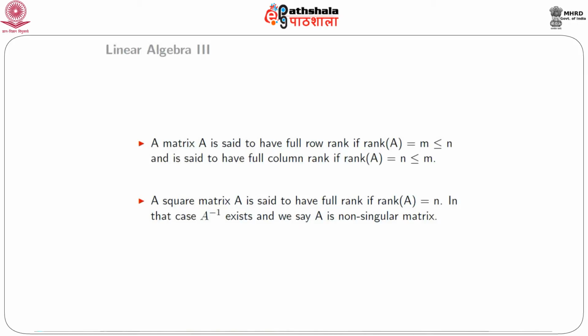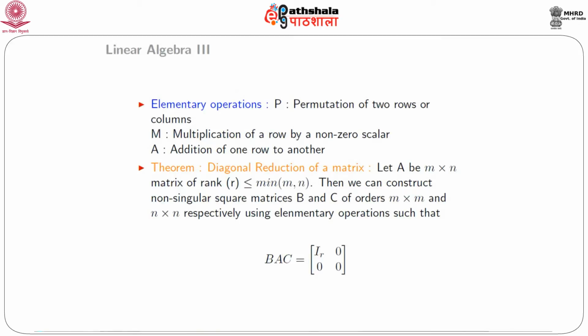Elementary operations: permutation of two rows or columns, multiplication of a row by a non-zero scalar, addition of one row to another. We shall denote these operations respectively by P, M and A. Theorem: diagonal reduction of a matrix.